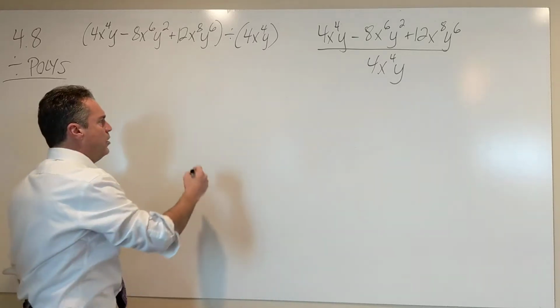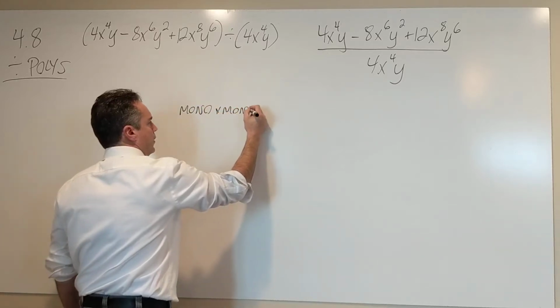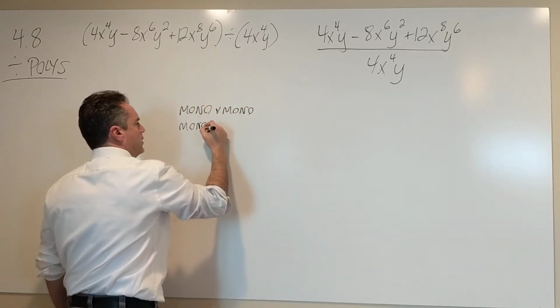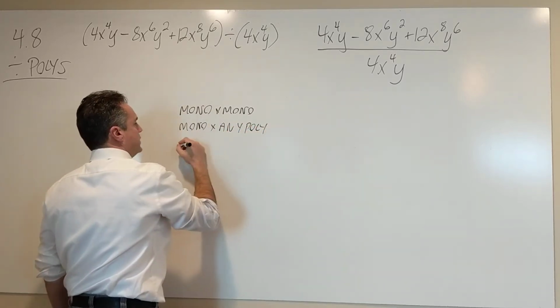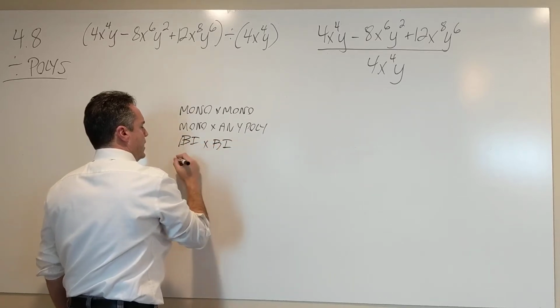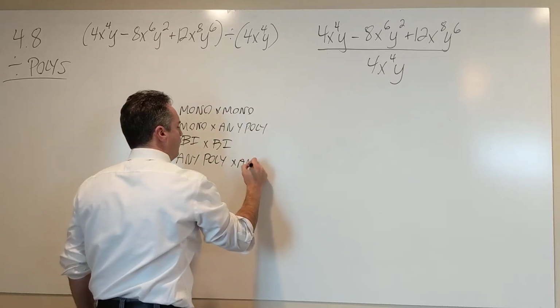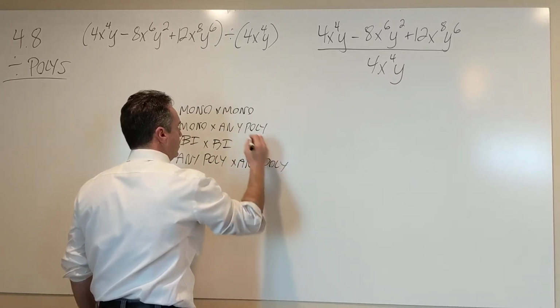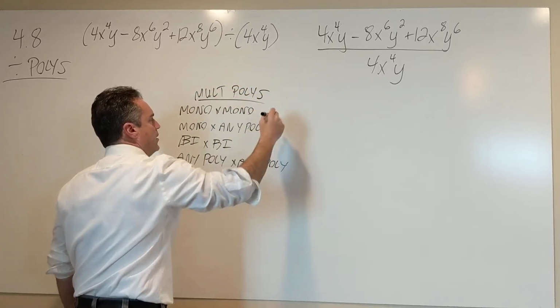We talked about how we have a mono times a mono, and then there was a mono times any poly, and then there was a binomial times a binomial, and any poly times any poly. Those are the four types of multiplication of polynomials.